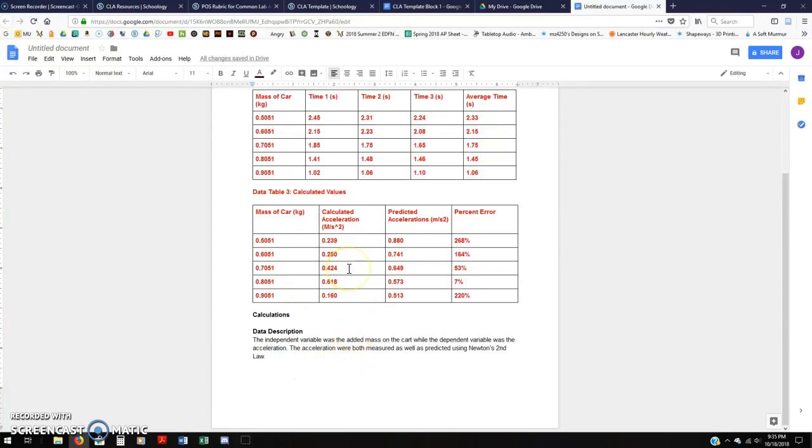So in this situation here, I might say, as the mass of the cart is increased by 0.1 kilograms or 100 grams, the calculated acceleration, or I can probably actually change this to the experimental, since that would make a bit more sense overall.